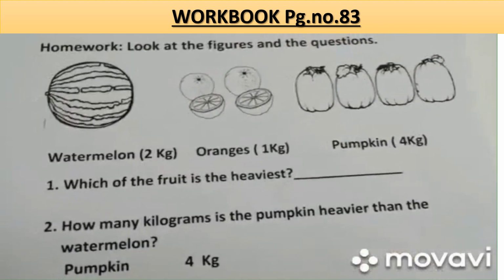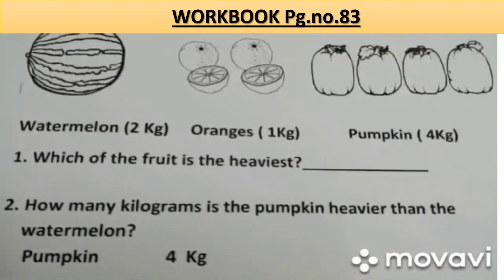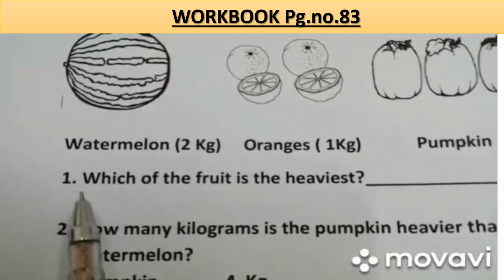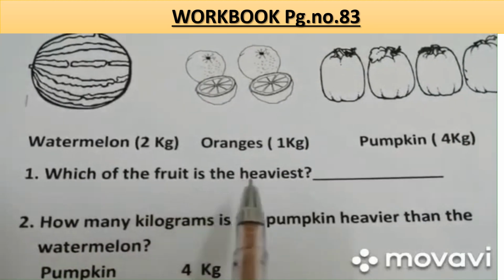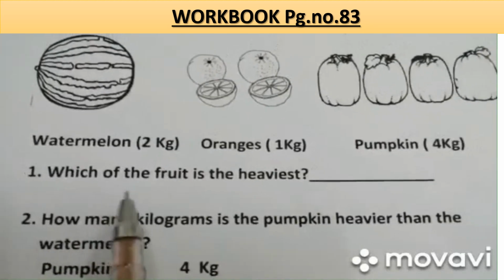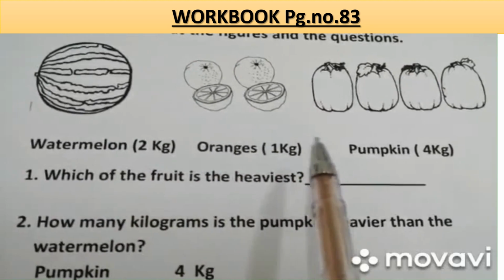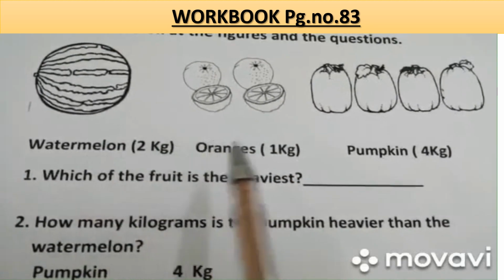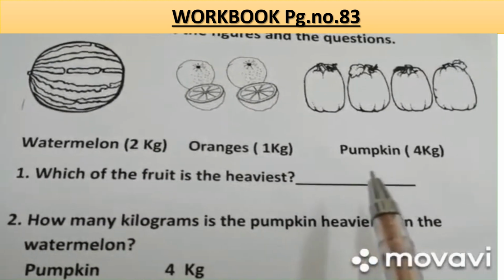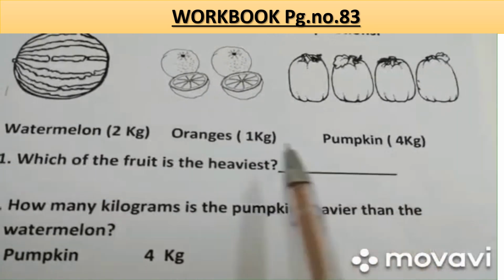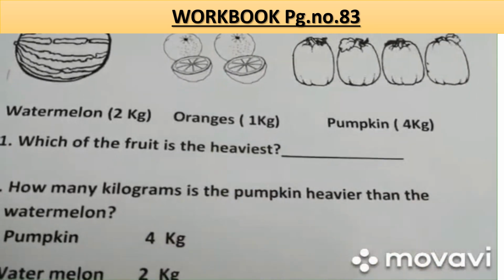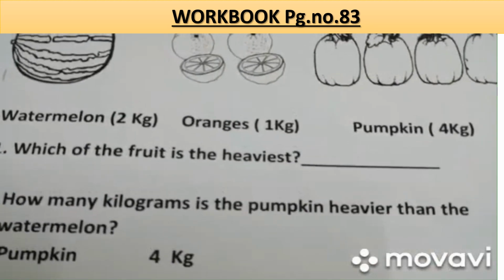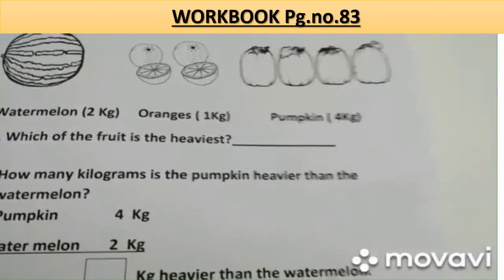See, question number 1. Which of the fruit is the heaviest? So now you have to say which one is the heaviest. Is watermelon heaviest, oranges heaviest, or pumpkin? Pumpkin is 4 kg, oranges are 1 kg, and watermelon is 2 kg. Now which one is the heaviest? Any guesses?